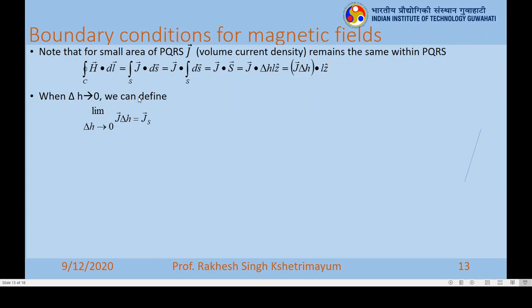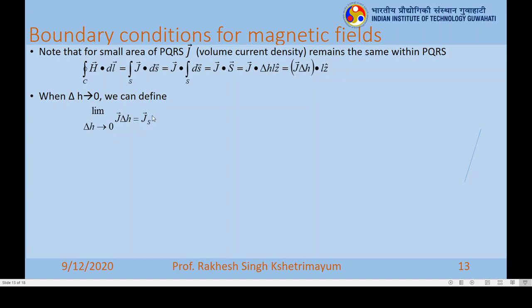So when I squeeze the surface delta S and the height is tending to 0, I get a line, so I have a surface current density. When delta S is tending to 0, the surface will no longer be a surface, it will become a line. In that case, the current which should be flowing should be surface current. So that's why surface current density.